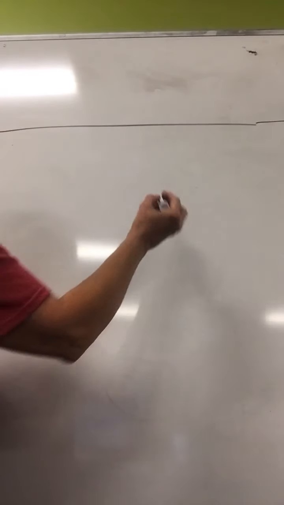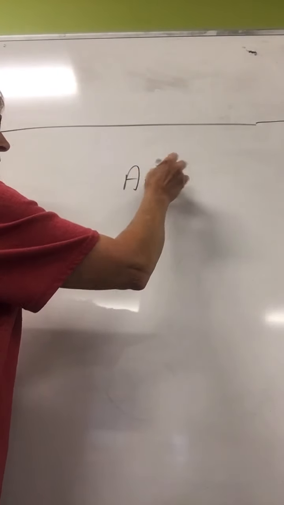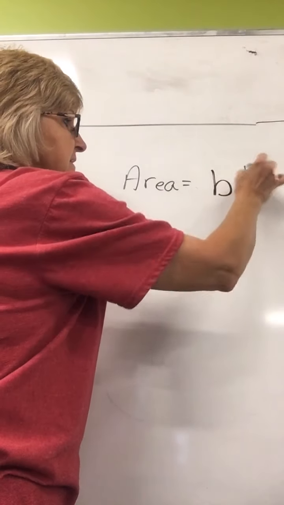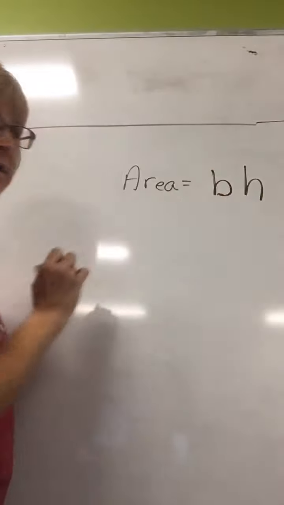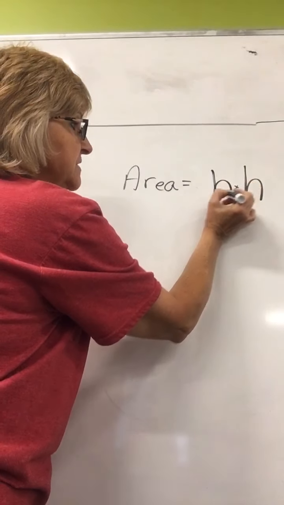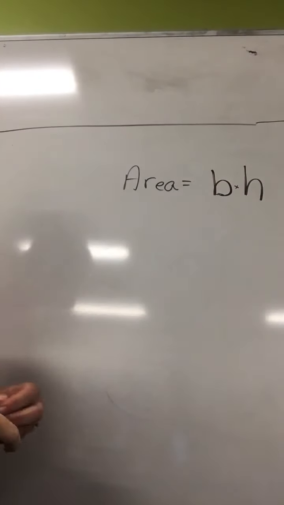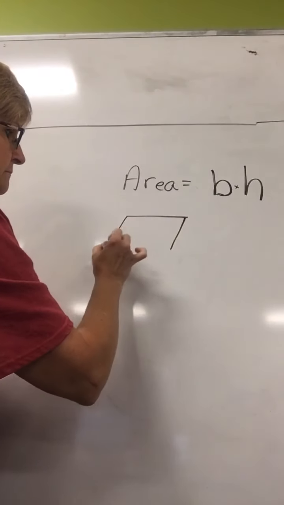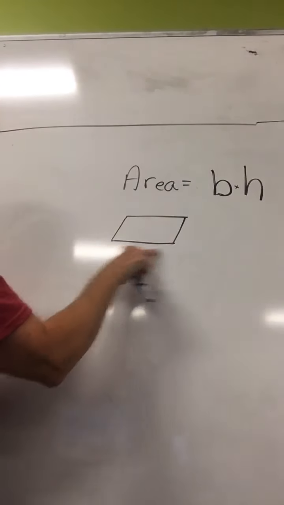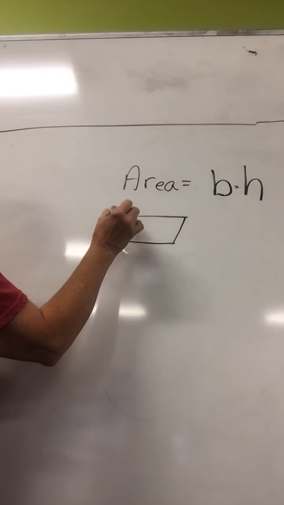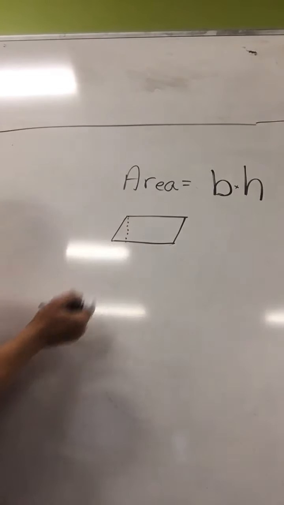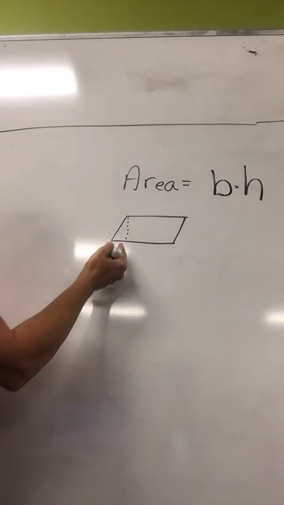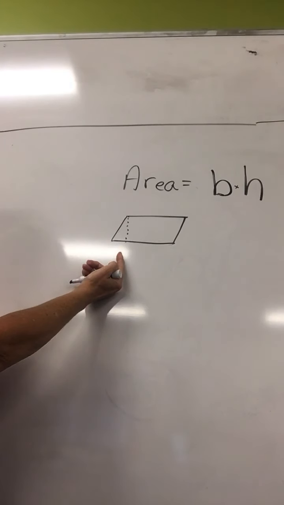The first thing we're going to look at is the area of a parallelogram, and that area is base times height. You can put a little multiplication sign in between there or not, but it's base times height. So if we have a parallelogram, the base is this bottom part, the height is from the top to the bottom. Usually if you have a picture, it's going to give you a little dotted line like this to show you that's the height.